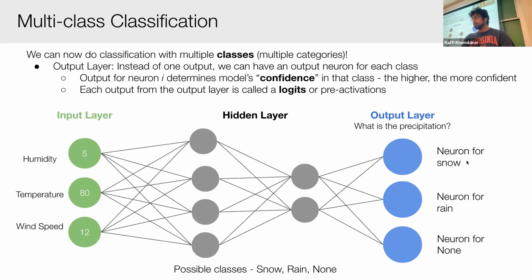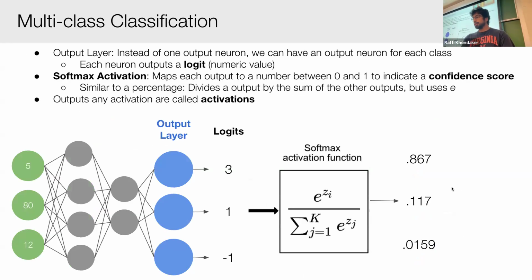But since we have 3 possible output categories, we have 3 output neurons. The final output of each neuron is, again, a probability. So you could say with 86% confidence that it's going to snow, whereas you say with 1.5% confidence that it's neither going to snow or rain. So we want these nice probabilities because it's very understandable.